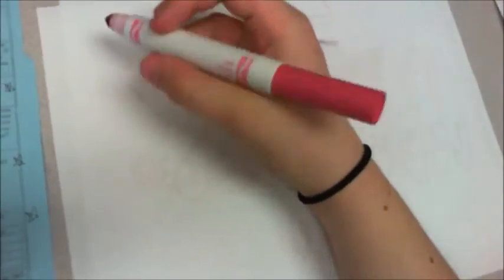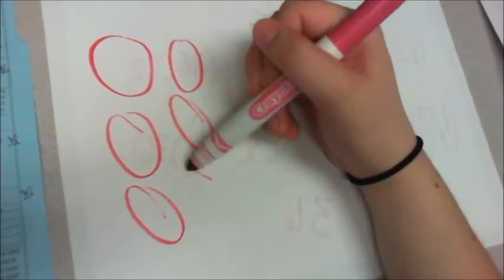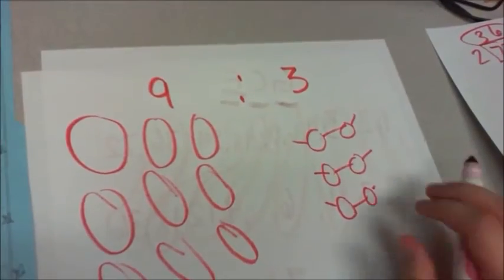Alright, the next one is the ratio of beach balls to goggles. So here are my beach balls. There are 1, 2, 3, 4, 5, 6, 7, 8, 9 beach balls. Mine will look like glasses, but I'm not an art teacher. 1, 2, 3 goggles.